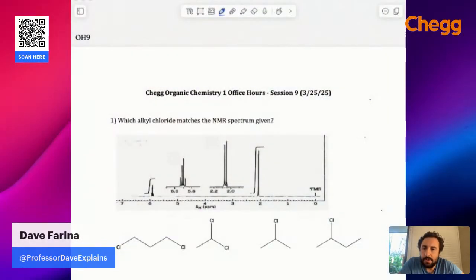Hopefully it will show up better this time. Let me do that and share again. Let's make sure that pops up. Ooh, that is showing up red.